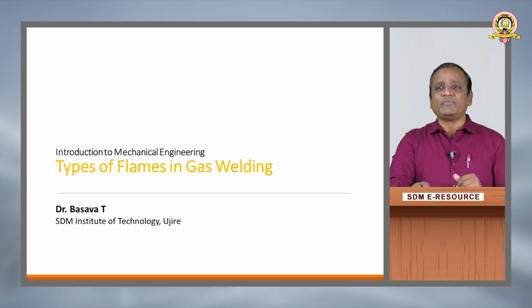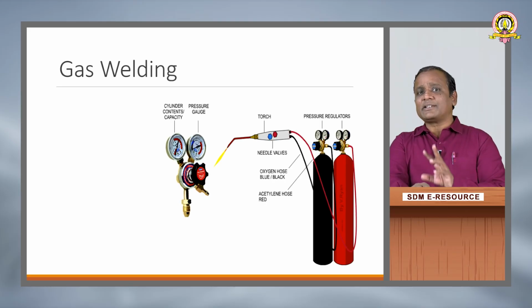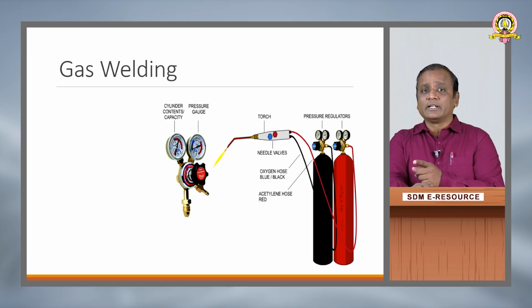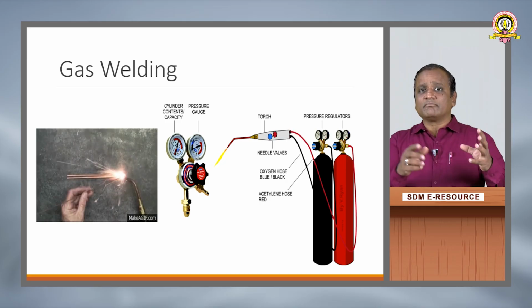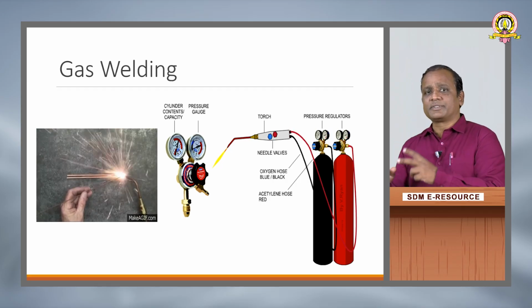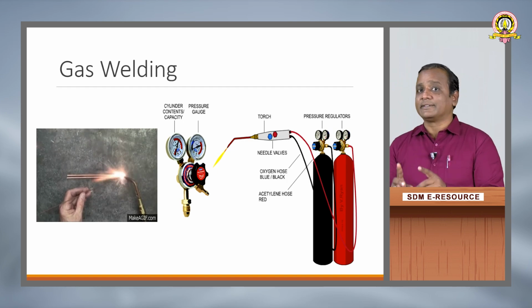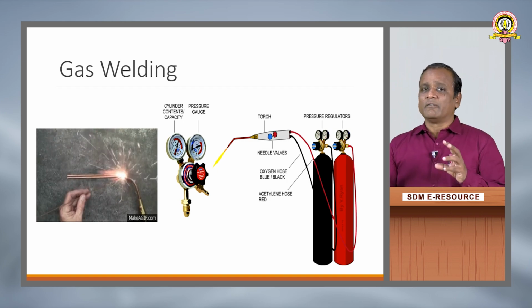So what do we need for gas welding? Particularly two cylinders, filled with gas: one with oxygen, the other with acetylene.